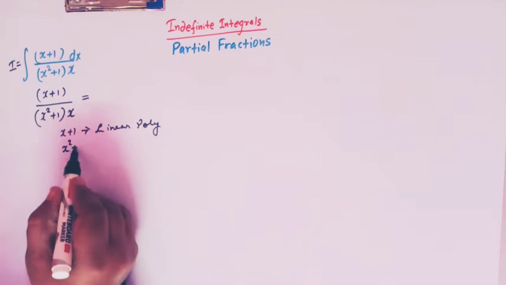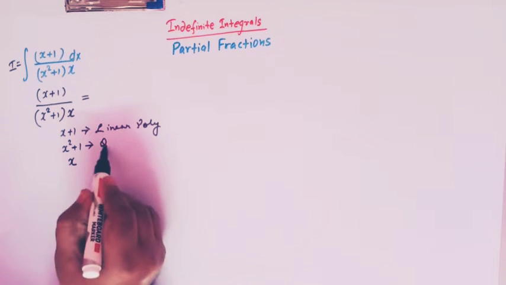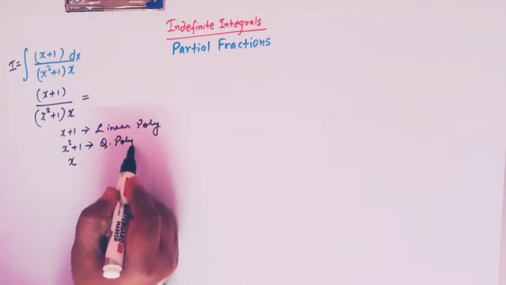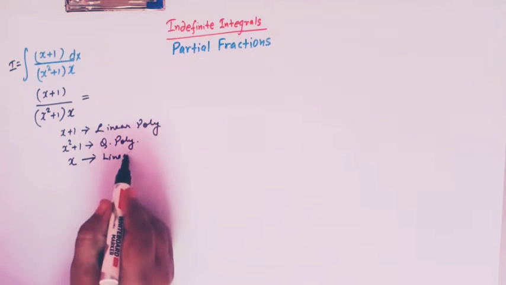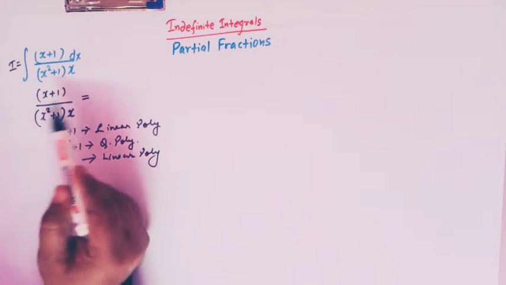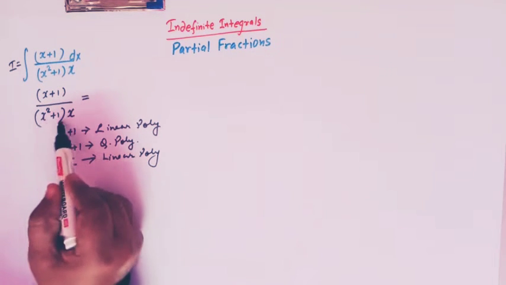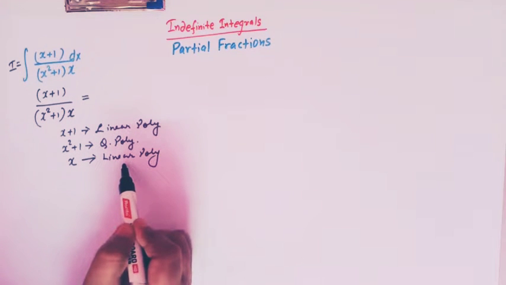One is x squared plus 1 and the other is x. Now x squared plus 1 is a quadratic polynomial, and x is a linear polynomial. So the denominator consists of a quadratic polynomial and a linear polynomial.